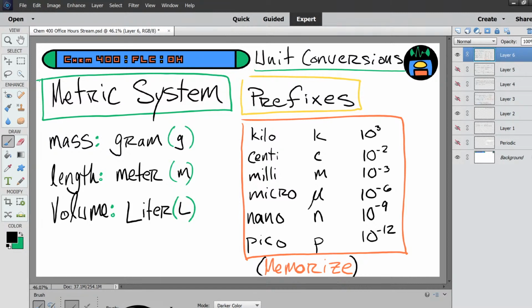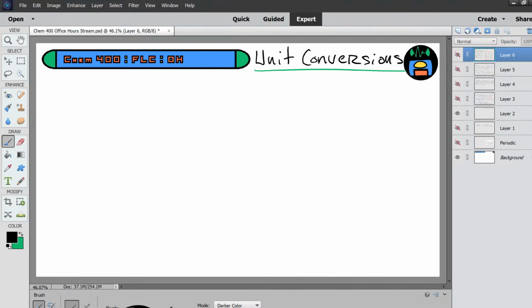All right. Now, let's go ahead, now that we kind of have seen, okay, this is how the metric system works. Let's put this into practice and get some reps converting between metric units. All right.